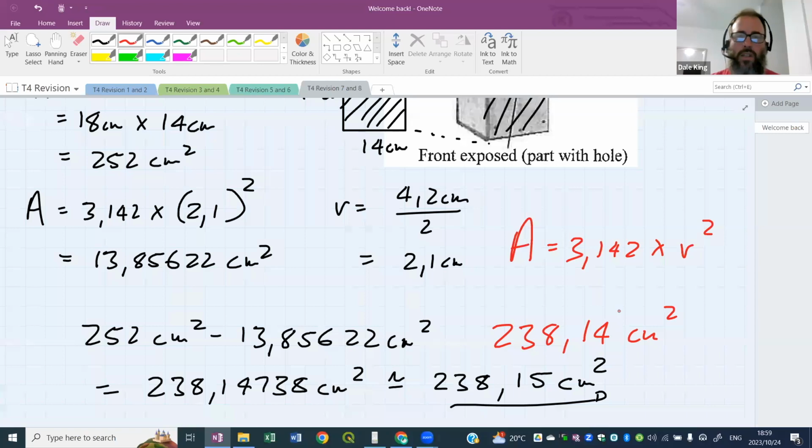But if the question is specific, say round this off to 1 decimal place, and you do that incorrectly, that is the question that could penalize you for rounding. If you're getting 238,14 and it should be 238,15, it's fine. You're not going to be penalized over and over again. But if the question is specific about rounding, that's where they could penalize you. Maybe you lose 1 mark there.